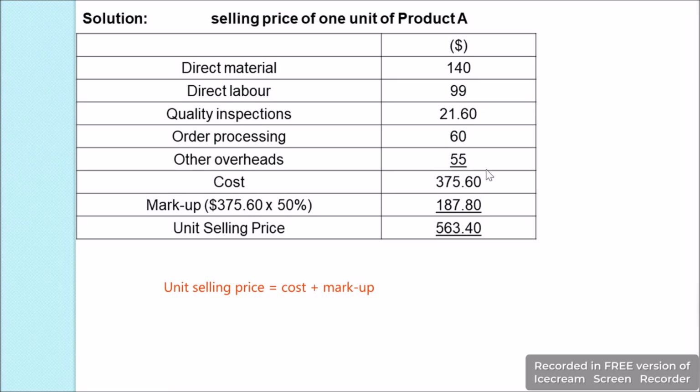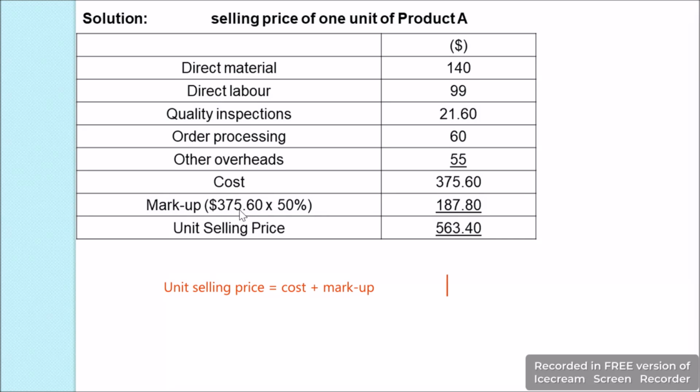Now we will total this up, that is 140 plus 99 plus $21.60 plus 60 plus $55. We get the cost as $375.60. And for this we'll find the markup. The markup percentage was given as 50%.